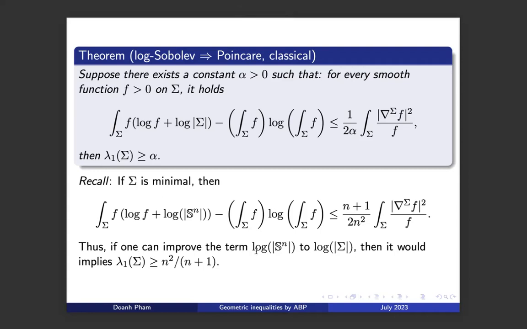In the future, if one can improve the term log |S^n| here to log |sigma|, then it would imply that the first eigenvalue has to be at least n squared over n plus 1. And this would be very interesting because asymptotically, n squared over n plus 1 is close to n, which is the constant expected by Yau.